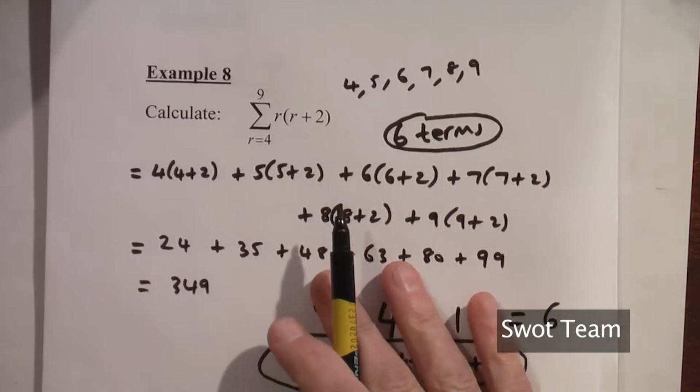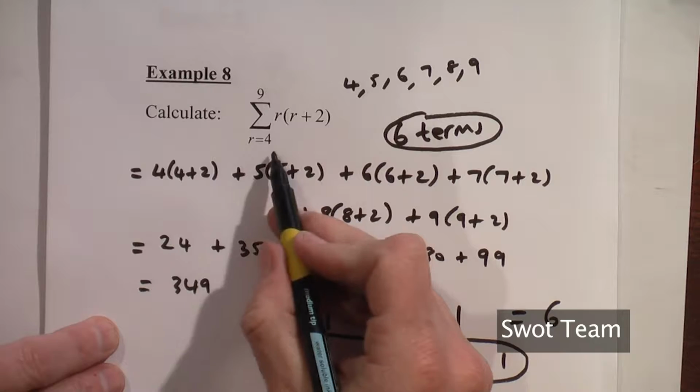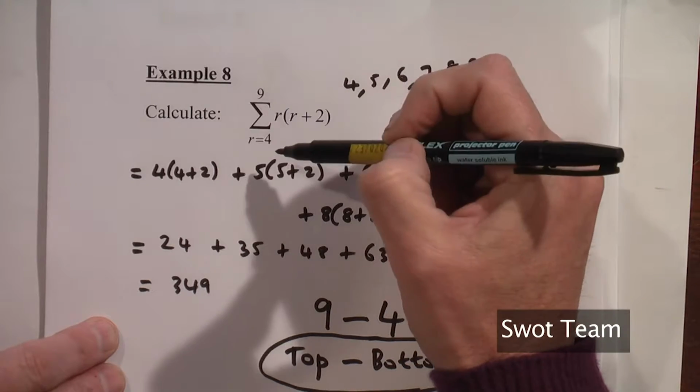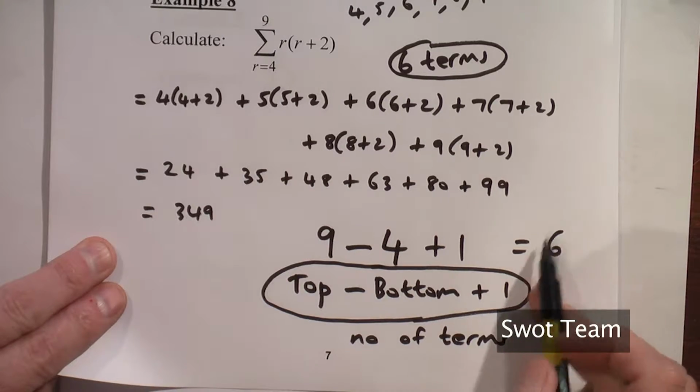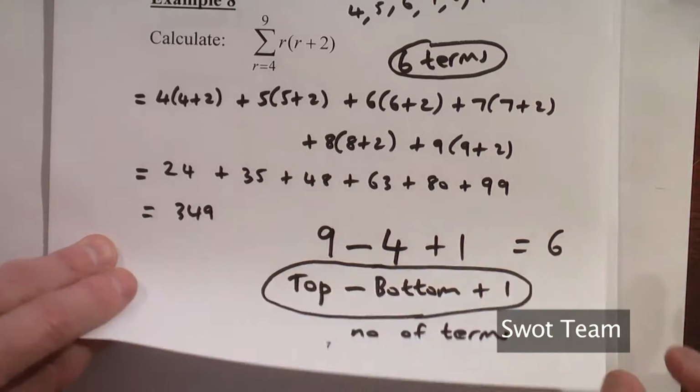But in this case, it's a bit of a problem because you started at 4. So 9 minus 4 plus 1 will give you your number of terms. So you have 6 terms. There we go: top minus bottom plus 1. All right, people, that's very important. Remember that for the number of terms in a series.